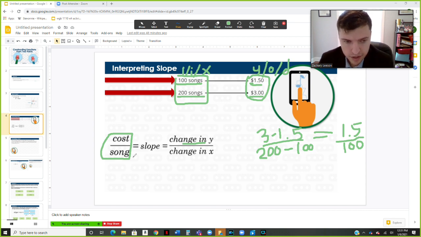So what is my income per song there? How much is YouTube paying me every time one of my songs is played? So I'm going to divide by 100. That's divide by 10, divide by 100, take my decimal, put a 0 in there. So I get paid a whopping 0.015 dollars per song.